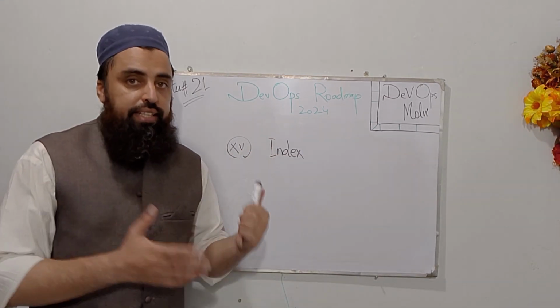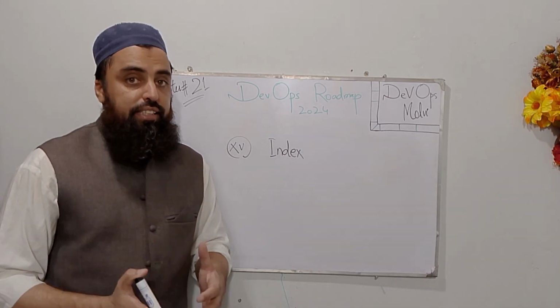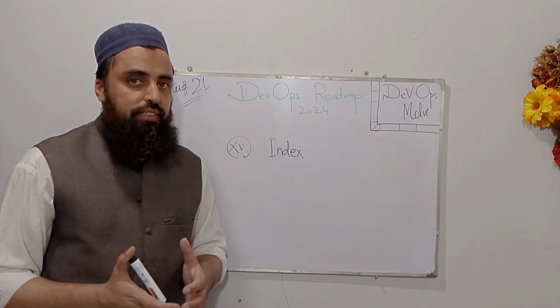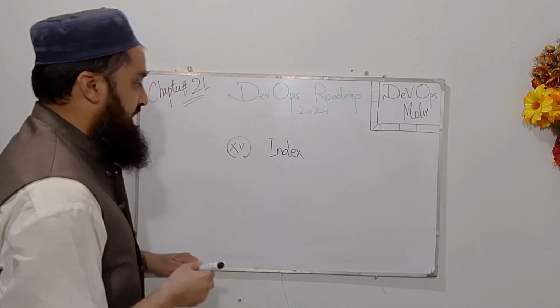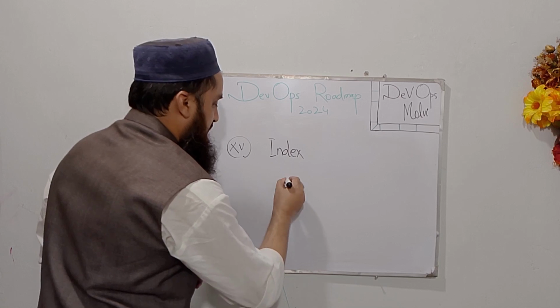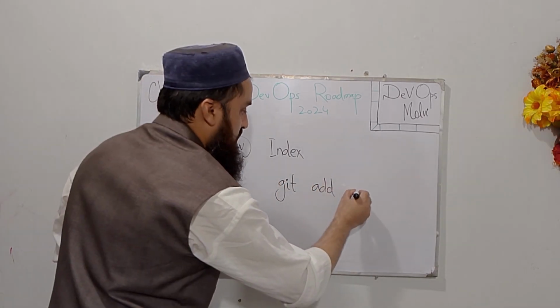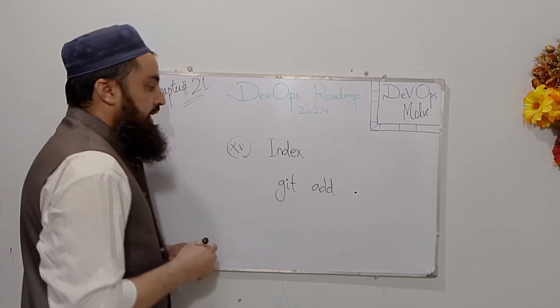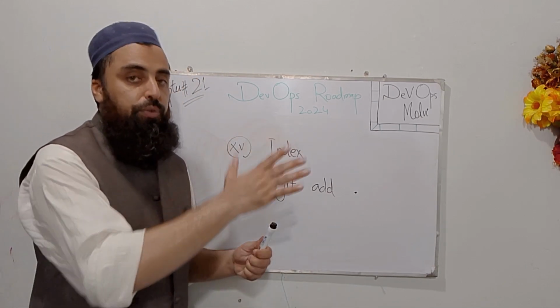In Git, index means the temporary staging area, and the Git index is used to prepare the changes before committing them into the project history. So let me share an example to understand index more. When we run the git add command, for instance, we run git add and dot to add the changes, it means that those changes are not added into the repository.